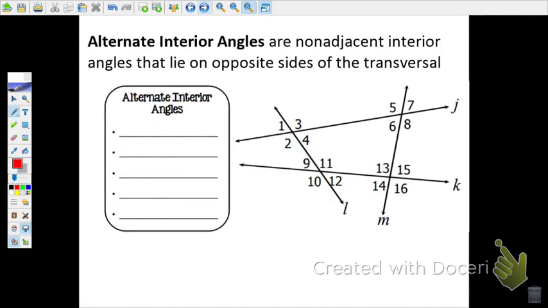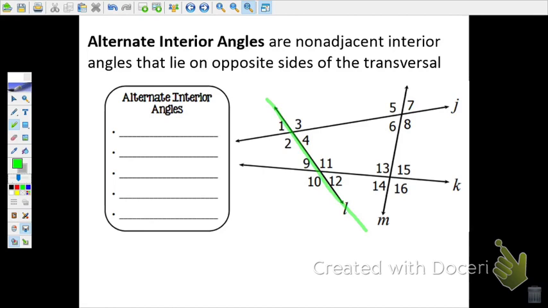Another angle pair that they have us identify, again working with that left side, are alternate interior angles. Alternate interior angles are non-adjacent, they're not next to each other. They are interior angles that lie on opposite sides of the transversal. So I'm going to highlight that transversal.